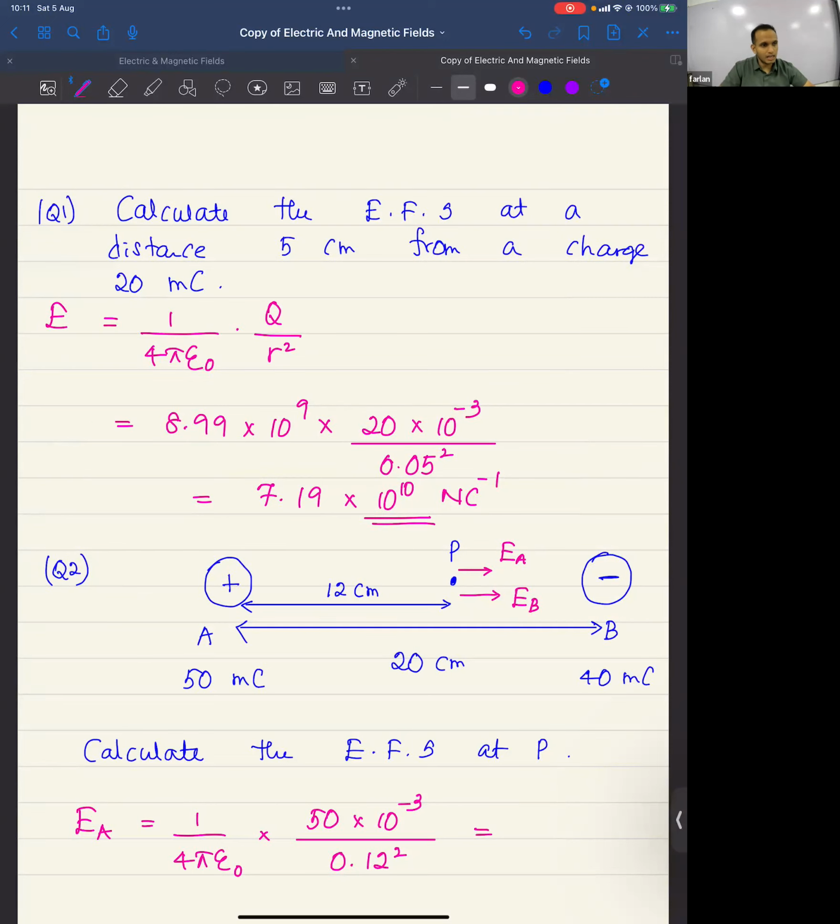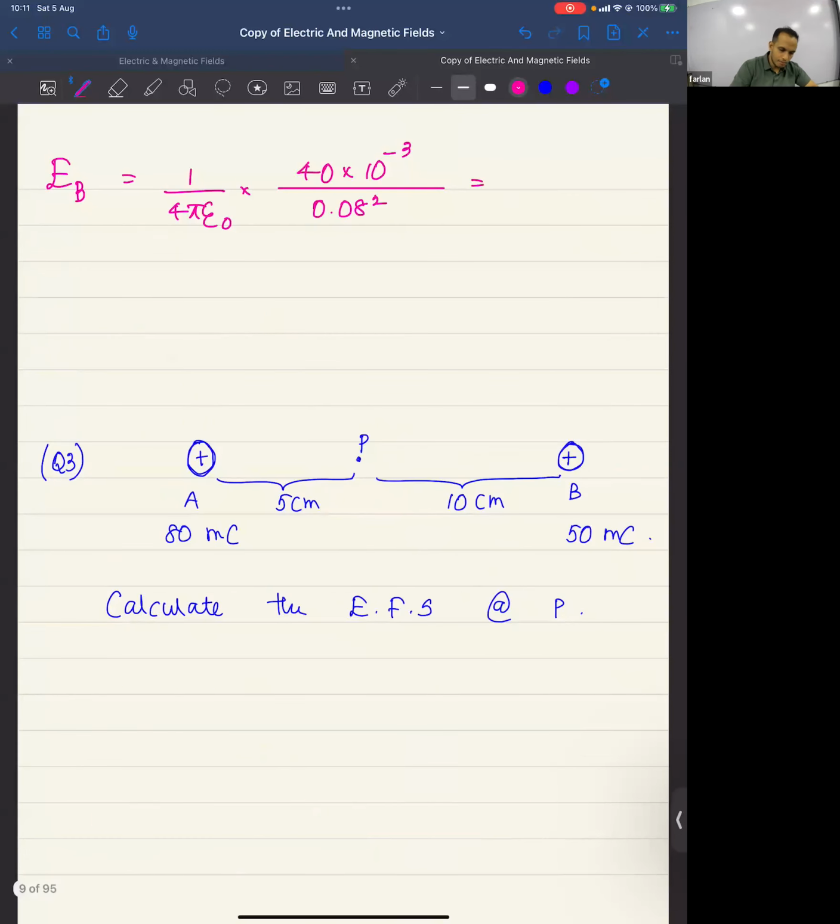Can you please tell me EA is how much? 3.12 into 10 to the power 10. And the EB is 5.62 into 10 to the power 10.